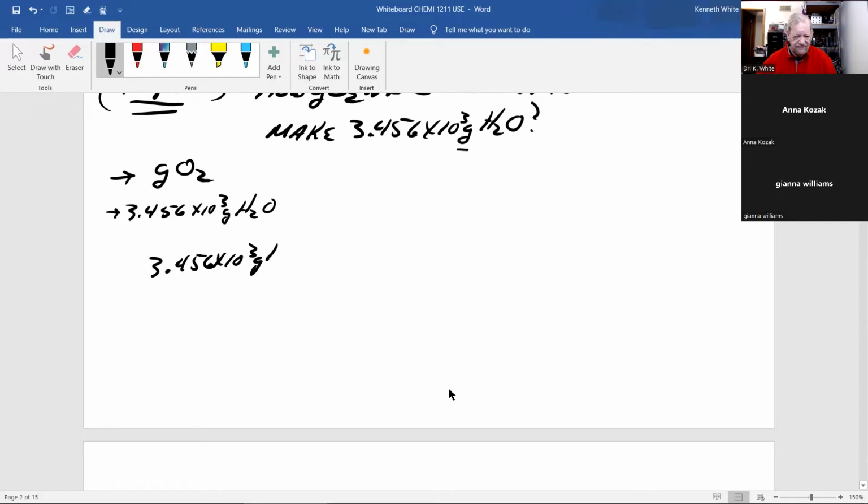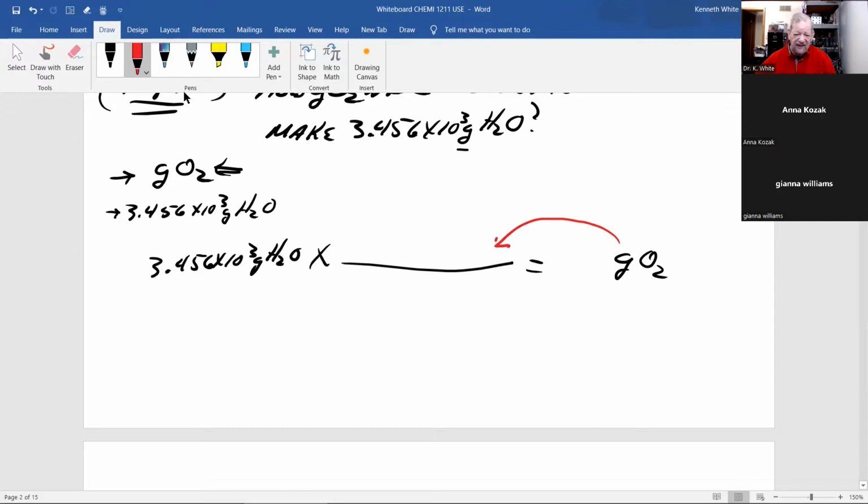And if I had a ratio, what units do I want my answer to be in? Grams of O2. And I'll use my good friend, unit analysis: the units I'm trying to get to go on top of that ratio, and the units I'm trying to get rid of go underneath. And I'll write them in. Where do I get these? And now I'm stuck.